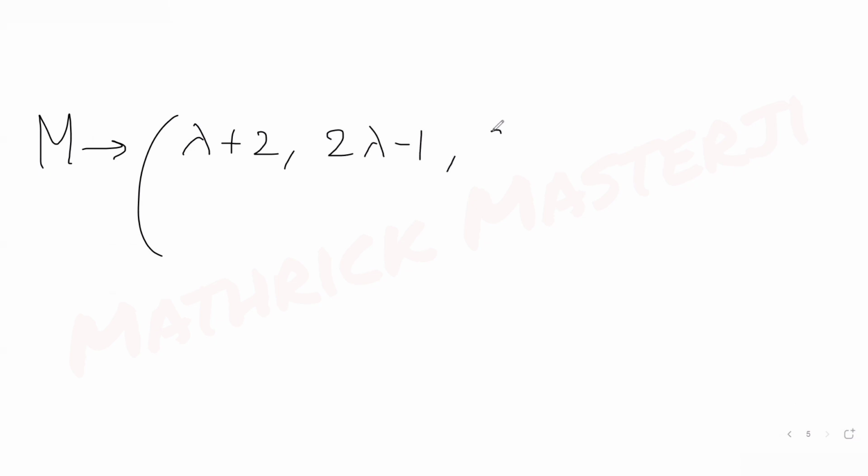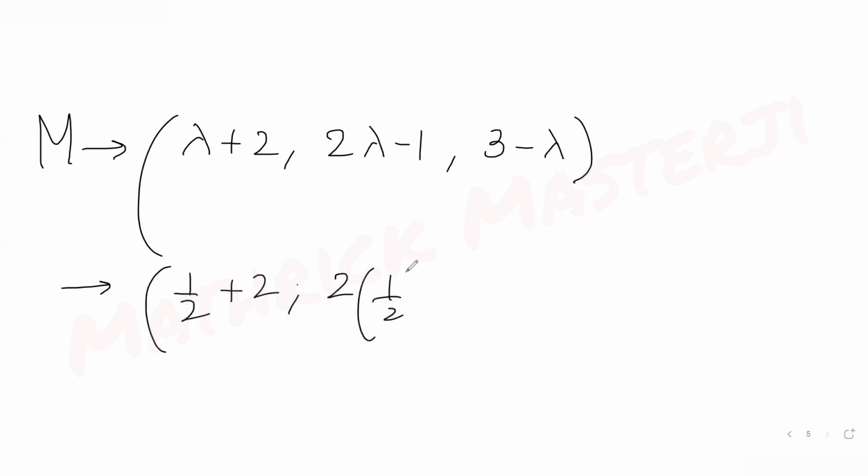The x coordinate was lambda + 2, the y coordinate was 2 lambda - 1, and the z coordinate was 3 - lambda. Putting lambda as half, I get half + 2, 2 into half minus 1, and 3 minus half.